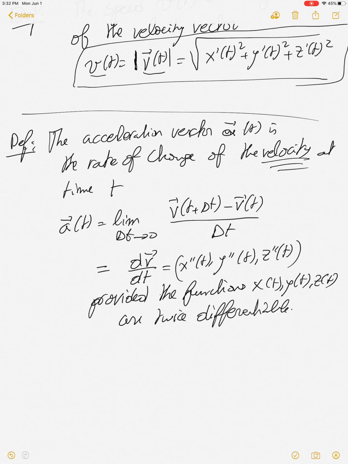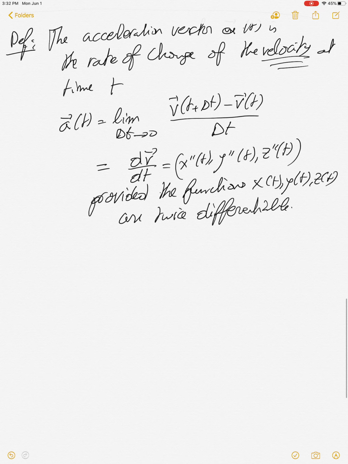Now, what does this mean? We saw that the velocity is a vector, it defines how I'm moving, it defines my motion. But what does the acceleration mean? It means something very important, and you know by Newton's law that if a particle is moving, then the force acting on the particle is proportional to the acceleration vector.